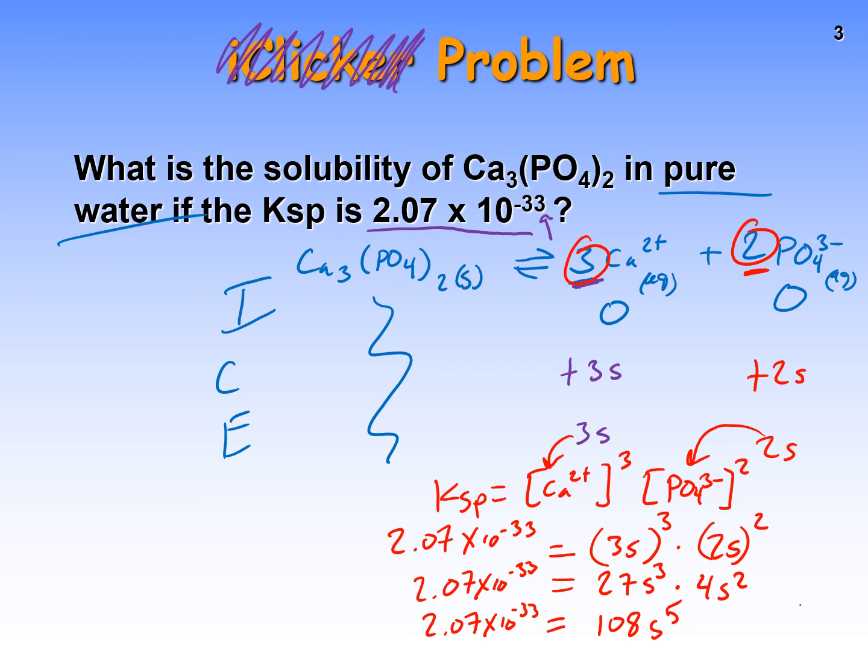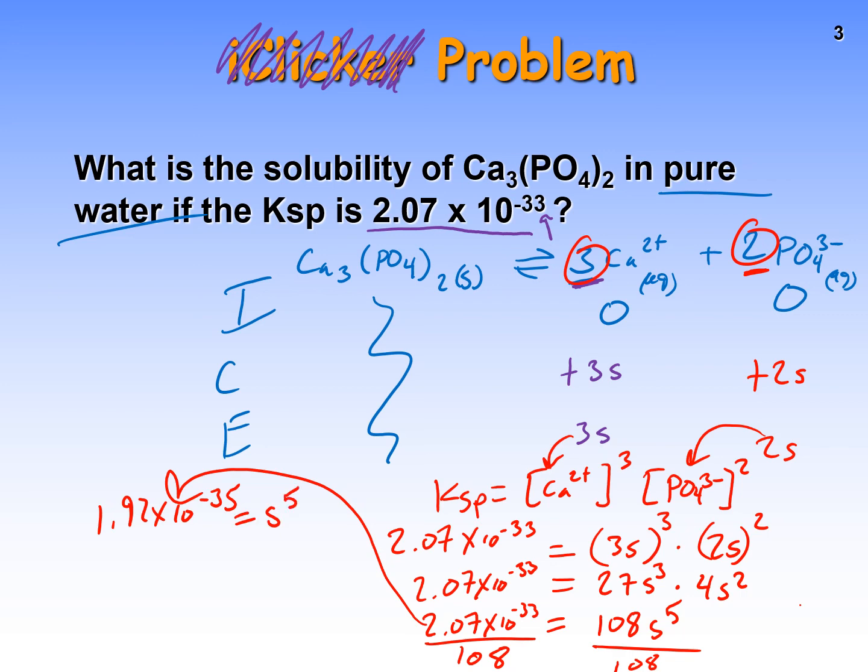Now, the next part is we divide both sides by 108. Oh, not 180, 108. And I'm going to rewrite this right here so I can finish solving it. What that gives me is 1.92 times 10 to the negative 35 is equal to S to the power of 5.